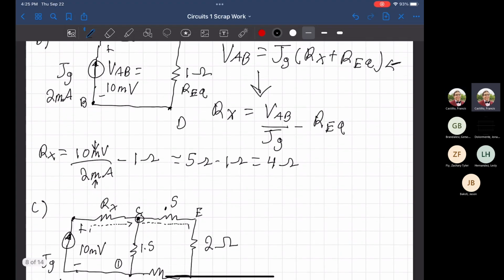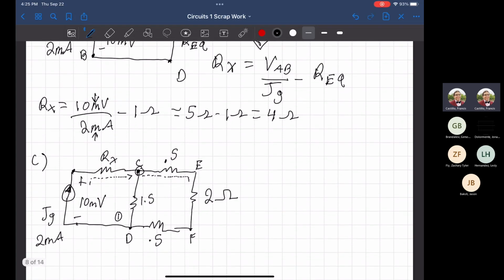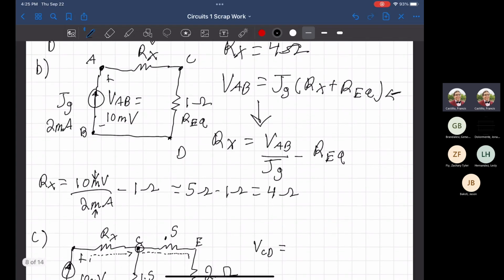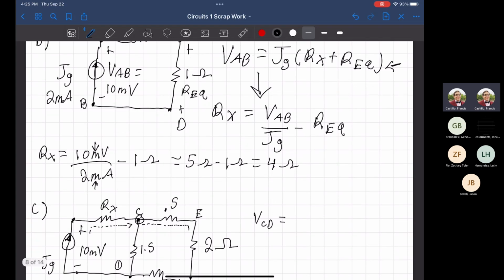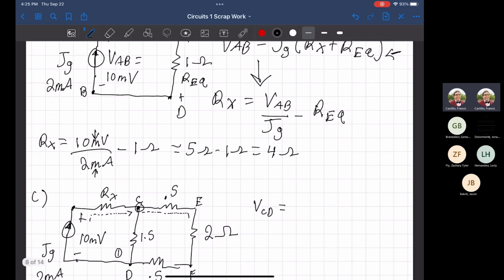So let's do that. What I'm talking about is the voltage divider formula, which is just the voltage going in, or whatever respective node you're trying to find. In this case, you're trying to find the voltage across CD, so it would be positive minus, since that's how our convention is going to be set up. And the numerator would be the equivalent that we just found.